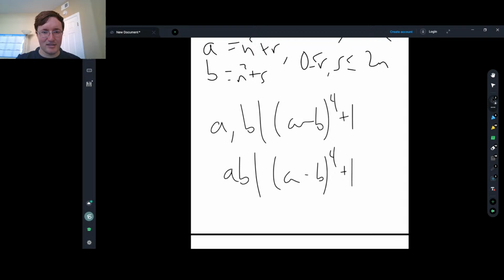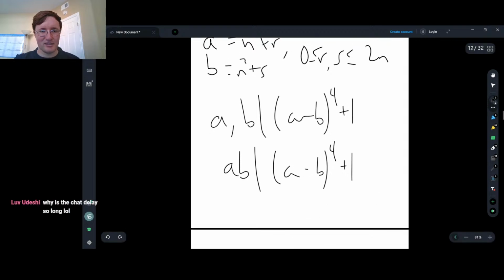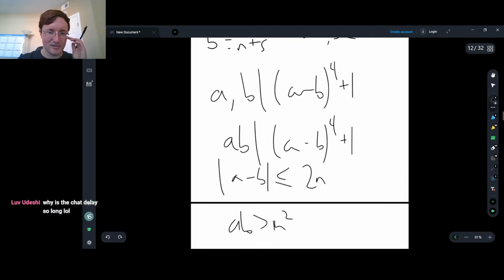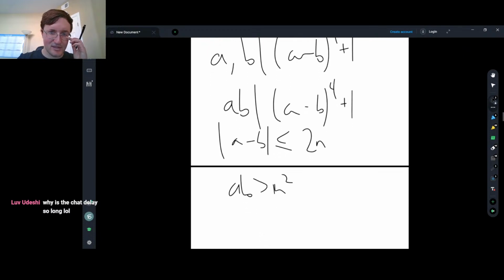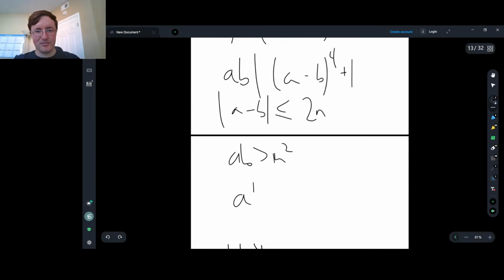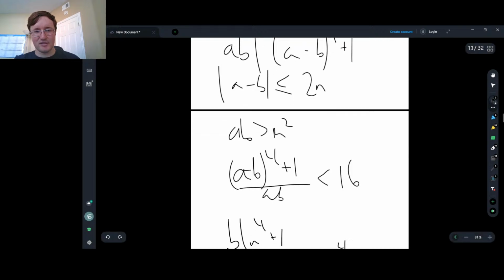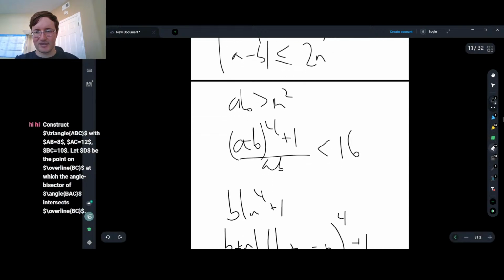And then A minus B is at most 2n, and AB is bigger than n squared, because we're assuming they aren't equal. So A minus B to the fourth plus 1 over AB is an integer, but it's at most 16, 2 to the fourth. I don't think it can be exactly equal to 16.